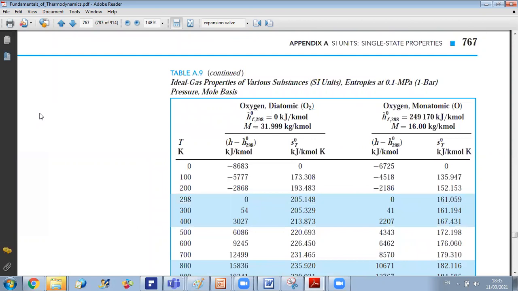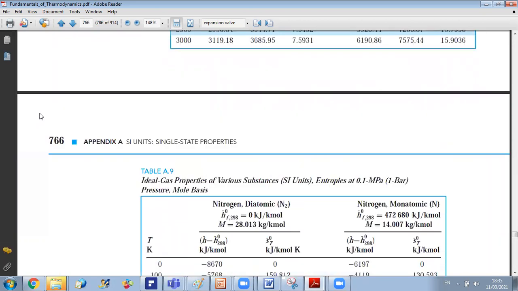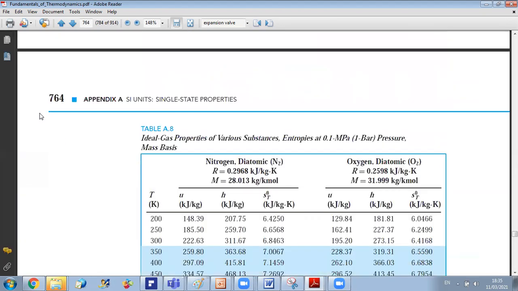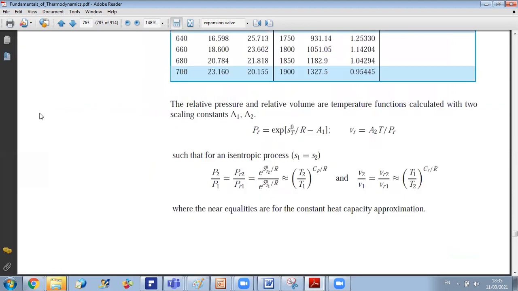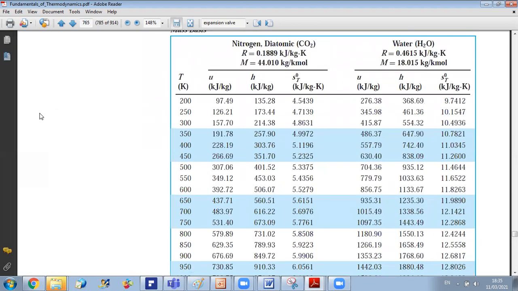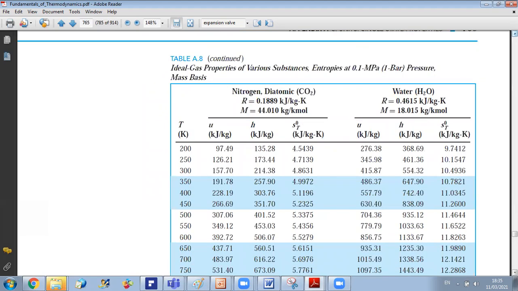Yes, it's here. So this is ideal gas properties for CO2, knowing the temperature.